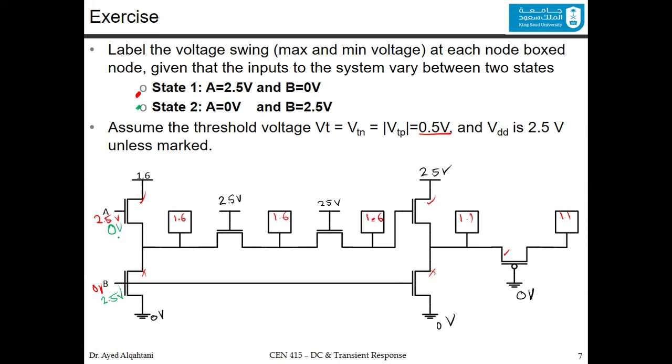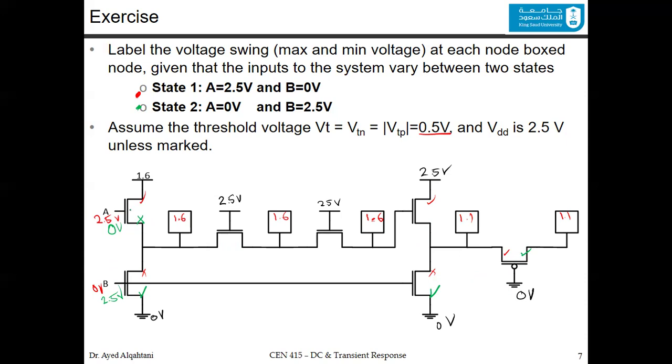Again, remember, check the transistors. Are they on or off in this state, or in this voltage swing? So with 0 volt, this is off, this one is on, and this one is on. This one, we will check later. And this one is always on, because it has 0 volt at the gate of a PMOS.